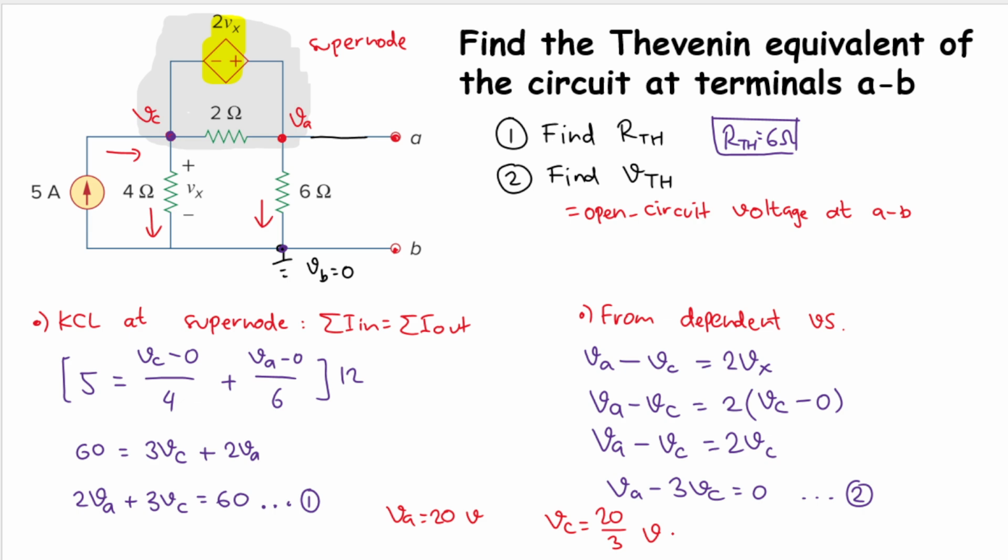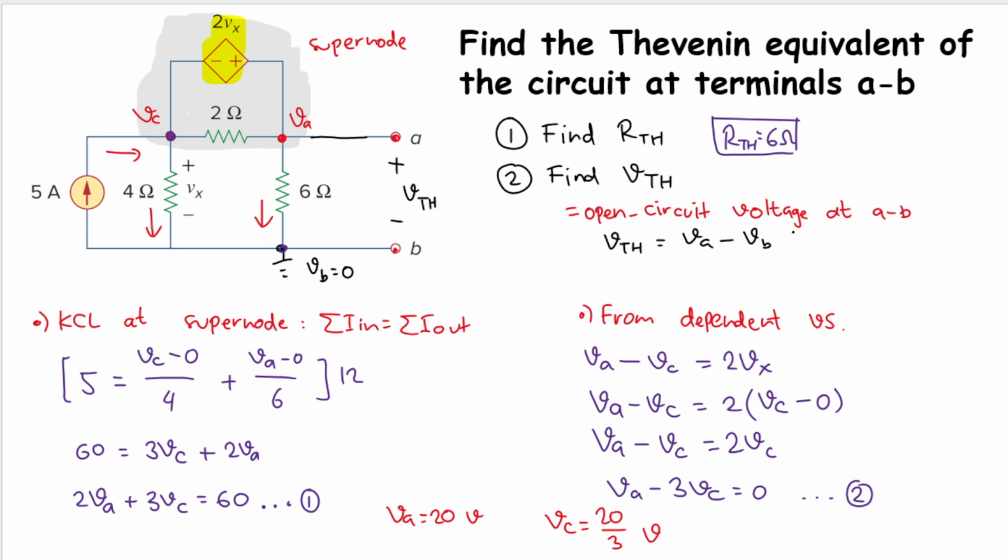Good. But we are asked to find VTH, which is VAB here, which is this one here. So VTH is this one. So we will have VTH is equal to, what is it? VA minus VB, right? But then VB is 0, right?